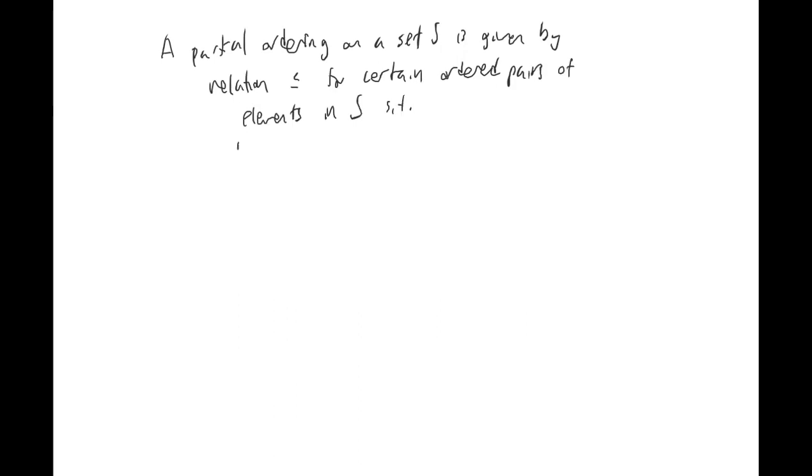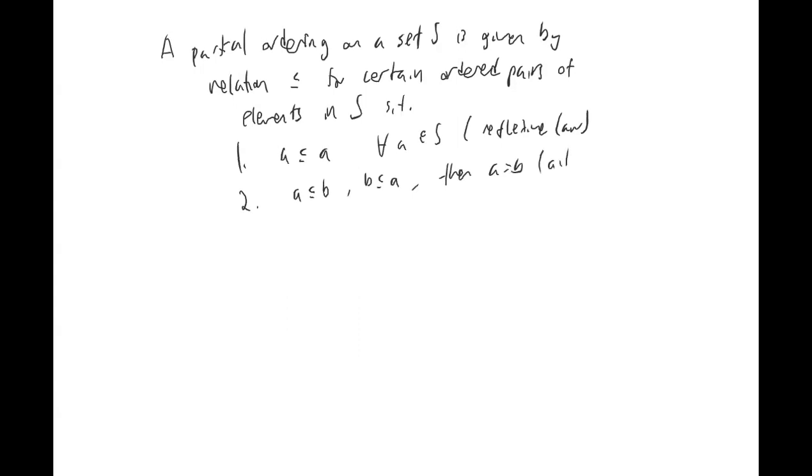One, A is less than or equal to A. If you think of it as less than or equal to, this is obvious, right? You're always less than or equal to yourself. And two, if A is less than or equal to B and B is less than or equal to A, then A equals B, yeah? Then they are the same element. They call it the anti-symmetric law.